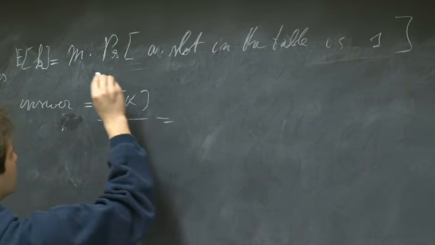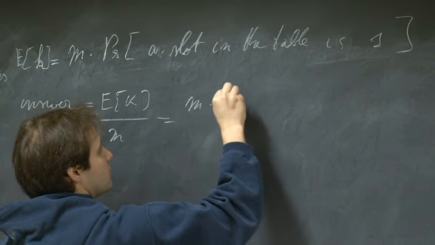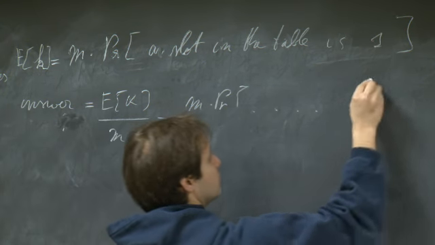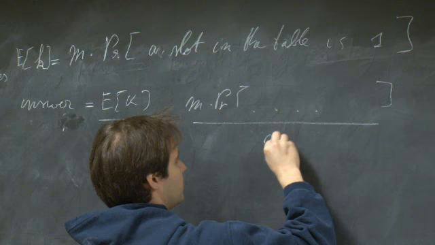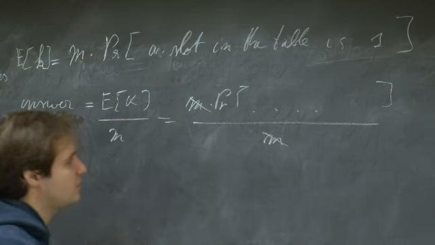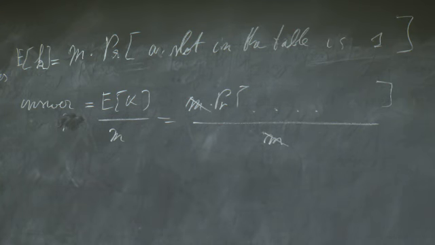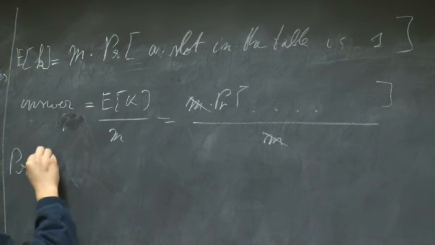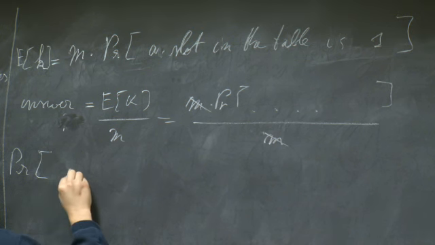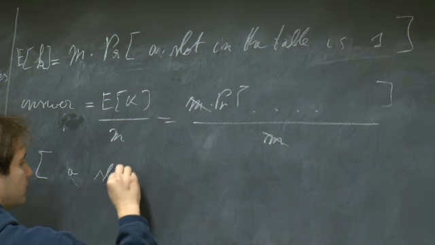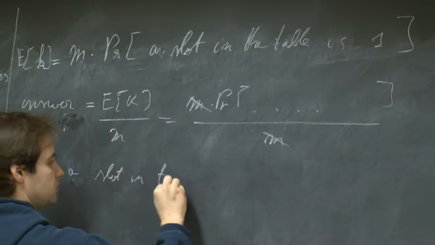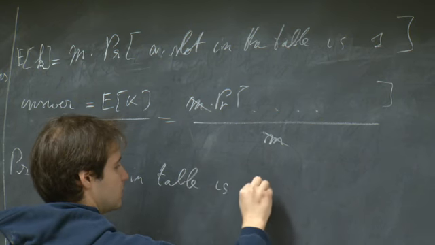So this is m times this probability divided by m. So it is exactly this probability. The thing that we want to focus on is what's the probability that a random slot in the table is a 1.